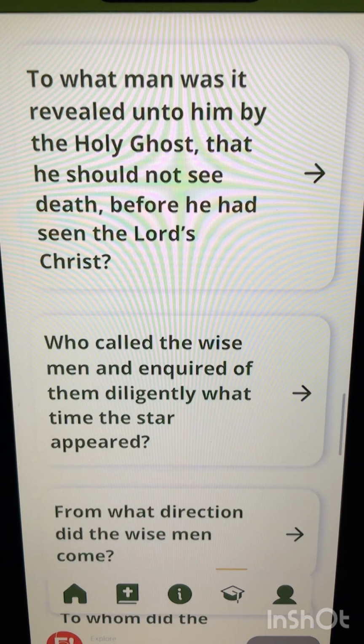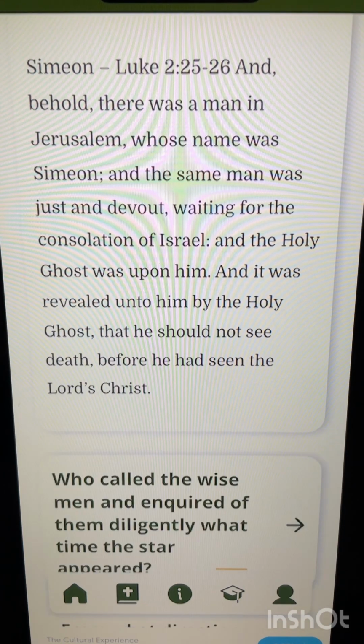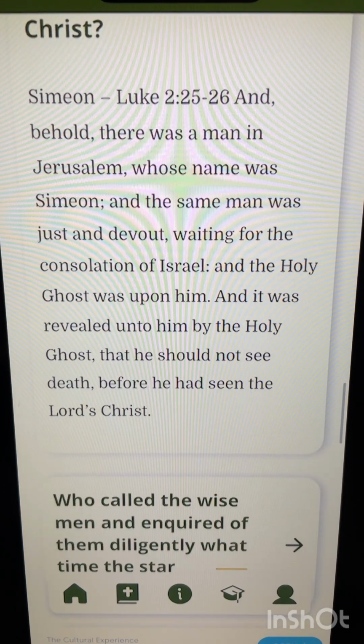And also, to what man was it revealed by the Holy Ghost that he should not see death before he had seen the Lord Christ? And the answer is Simon. And that is in Luke chapter 2, verse 25 to 26.